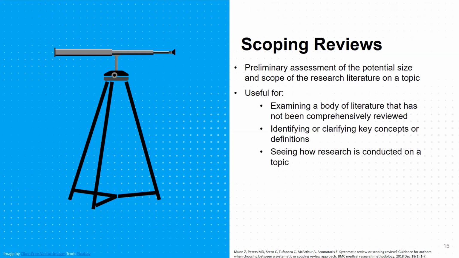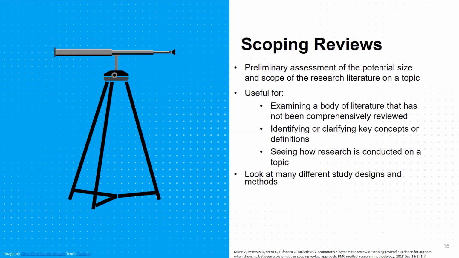So these are useful for examining a body of literature that hasn't been reviewed so far or hasn't been comprehensively reviewed thus far, for identifying or clarifying key concepts or definitions for a topic that maybe are pretty vague and people don't really understand what they are, and also seeing how research is conducted on a topic. So what are the study designs that are used when people are looking at this topic?